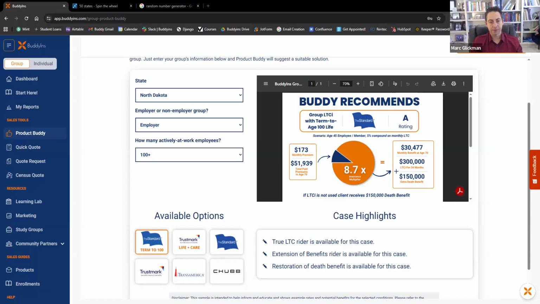If you were to say this has 6% acceleration with 5% compound interest, you know what your client's going to say, like, what? They're going to get those two numbers confused. If you say, hey, you're getting a $30,000 monthly cash benefit at age 70, that really is motivating, right? Like, wow, that's a really comprehensive benefit. I haven't seen that. I didn't expect that. So showing them this picture, and you can download this and obviously show it.